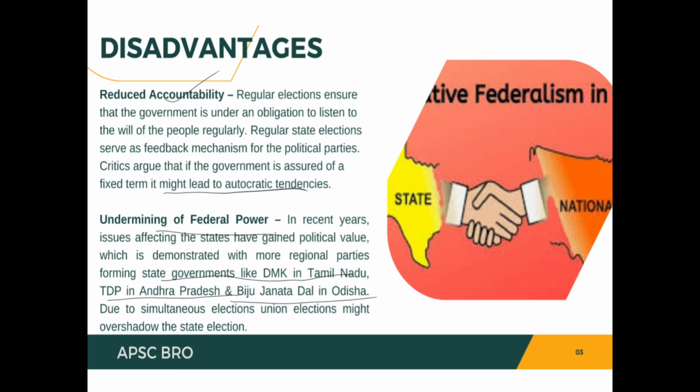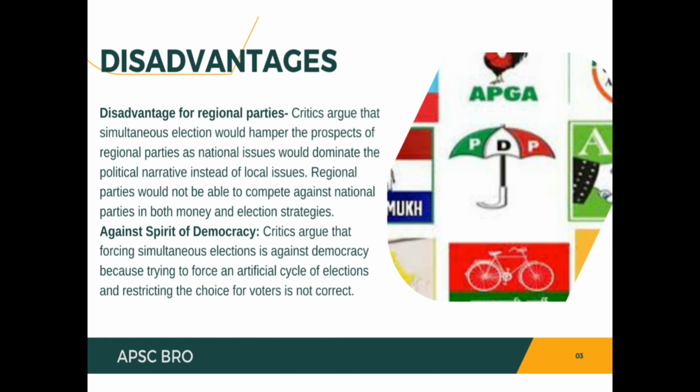That's why it is said that the one nation one election system will undermine the federal system of the government, and this will be a disadvantage to the regional parties. Critics argue that simultaneous elections will hamper the prospects of regional parties as national issues will dominate over local issues, and hence the importance of the regional parties will get reduced.